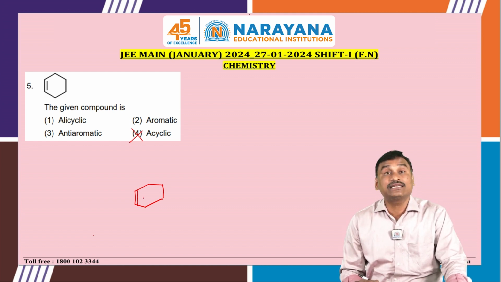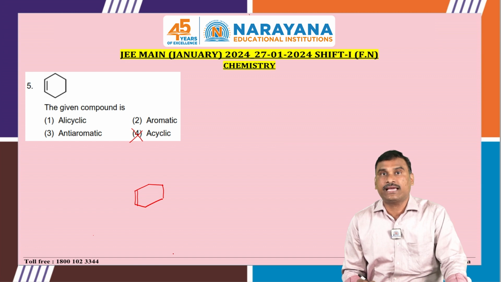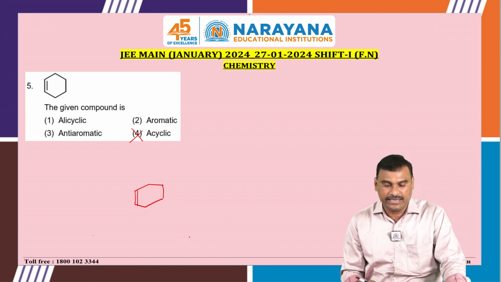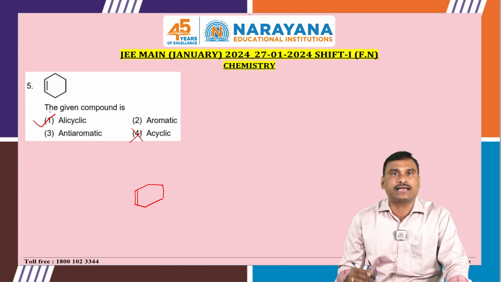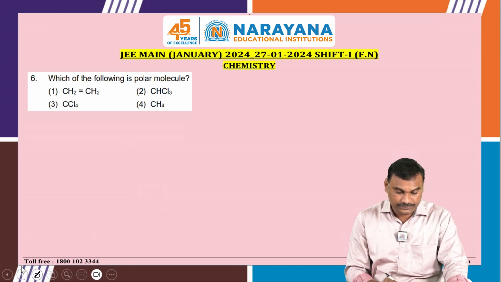The compound is not aromatic as well as not anti-aromatic, since complete conjugation with 4n plus 2 pi electrons is not there, and complete conjugation with 4n pi electrons is also not there. Therefore, the compound is not aromatic and not anti-aromatic. Therefore, for the given question, the correct answer is alicyclic, option 1, students. Now, let us go for the next question.